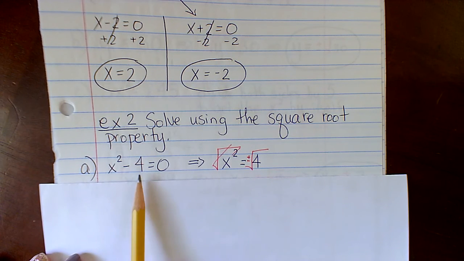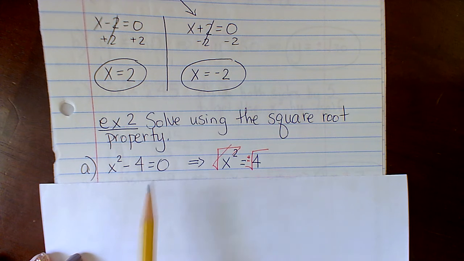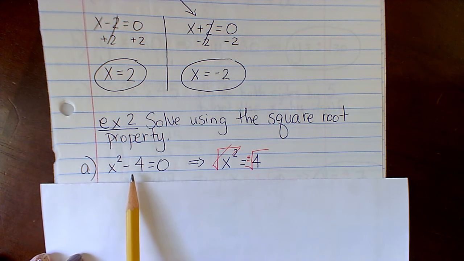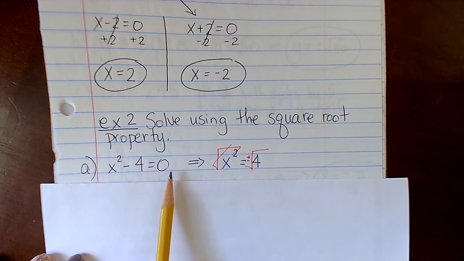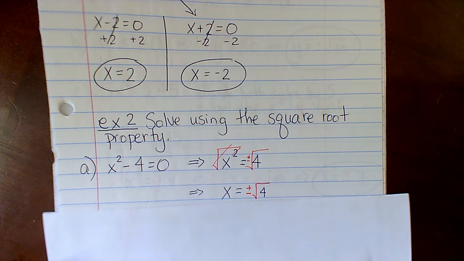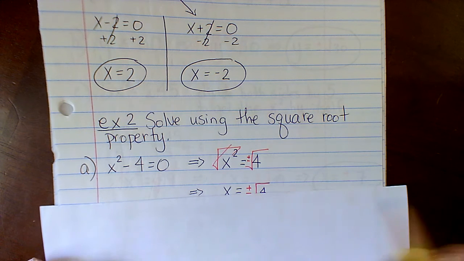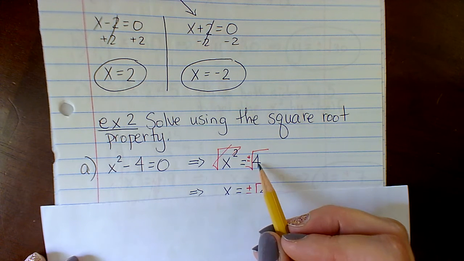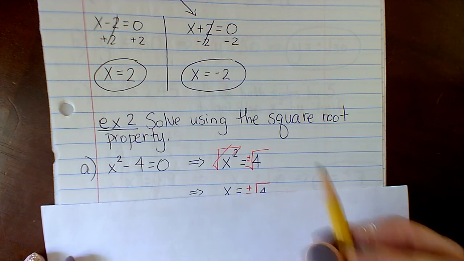So let's go back to this one, this x squared minus 4 equals 0. We can use the square root property on this. I can move this 4 to the other side of the equation and make it x squared equals 4. So I realized that by showing my work here, I kind of covered up some of my work.